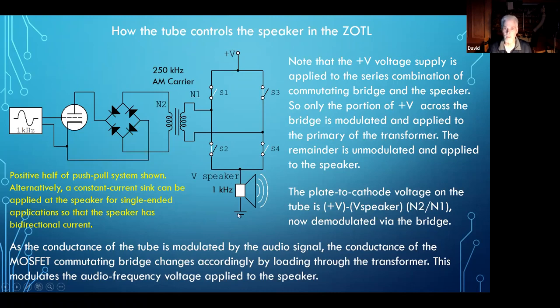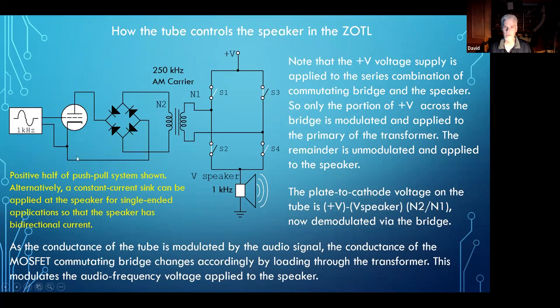So you have full voltage that's available from your power supply across the speaker. That would be your maximum excursion on the speaker in, say, the positive direction. As you can guess, any state of this tube in its conduction, anywhere between being a short circuit and being cut off, is going to make the voltage across this full bridge change, going from a situation where you have all your voltage applied across the speaker.